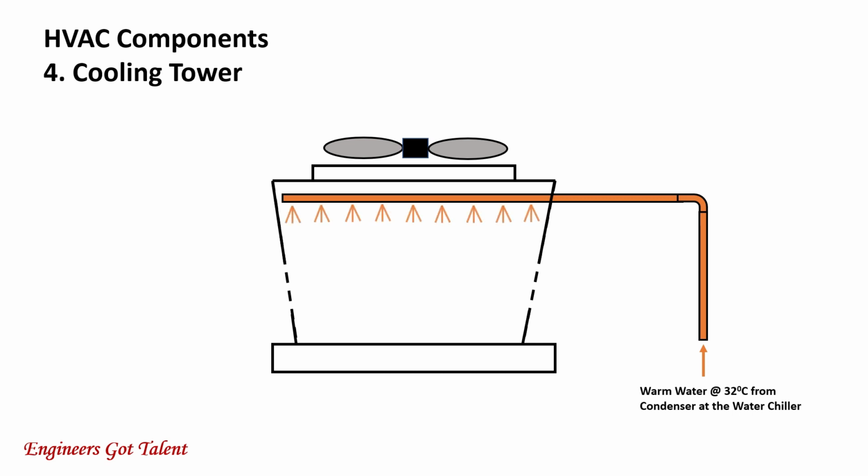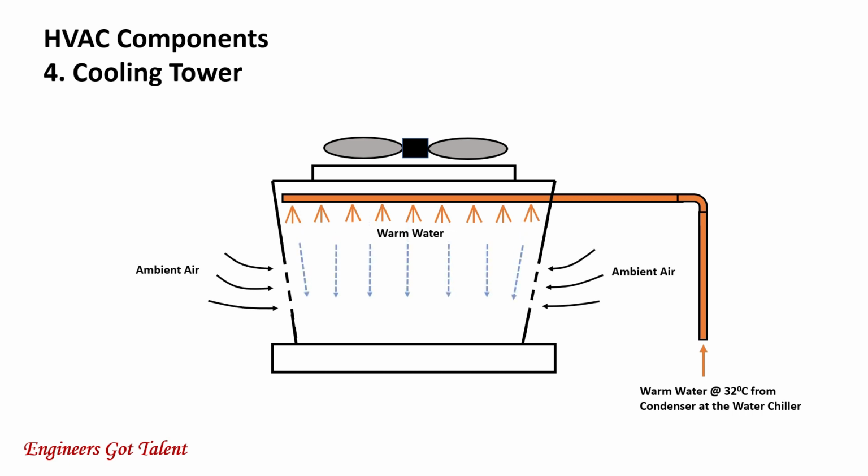The warm water is sprayed and gets into contact with ambient air. As the water drops, it loses its temperature and cools down. Some of the water is evaporated. Using an induced fan, the air is drawn upwards together with the evaporated water.